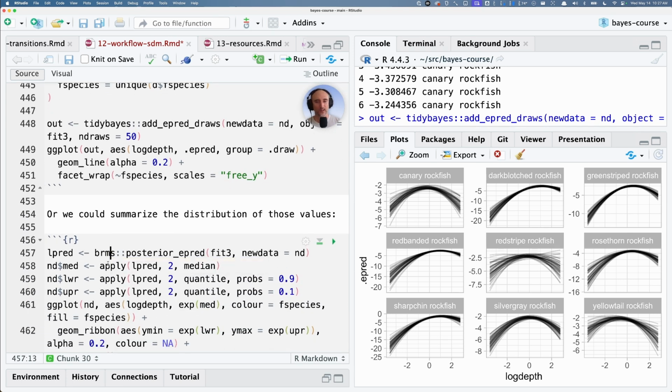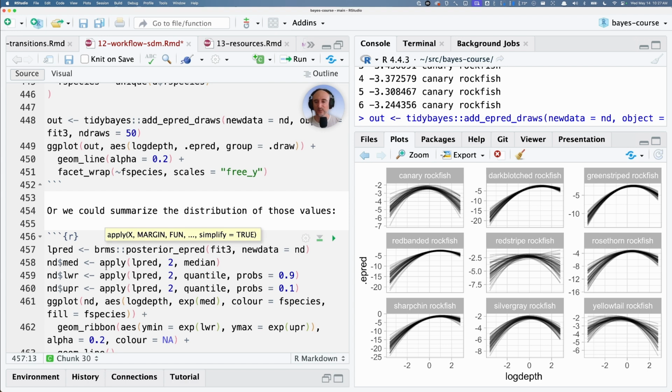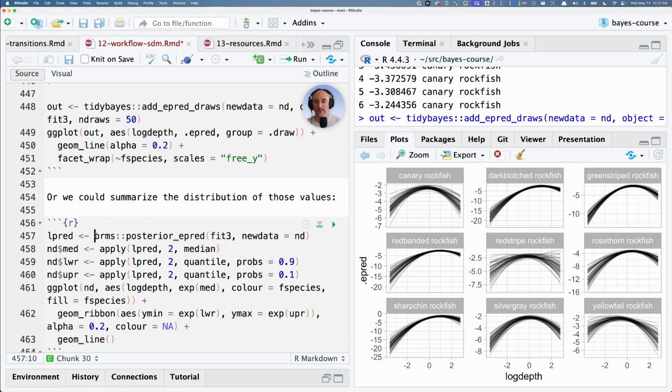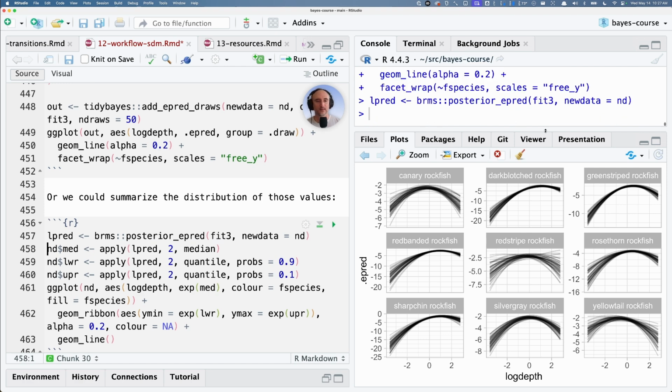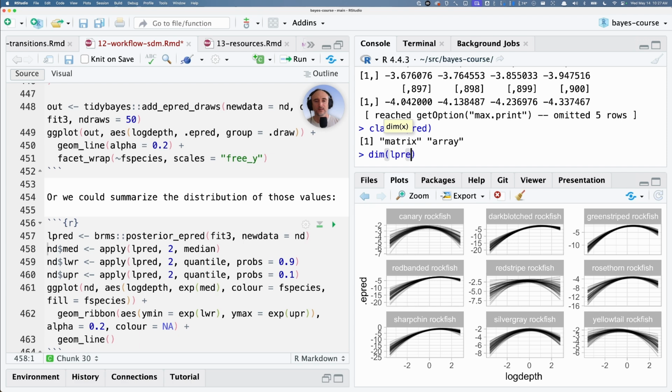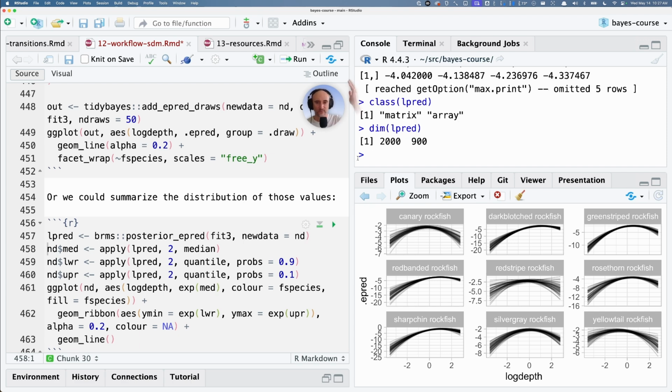So instead, we might want to summarize credible intervals, and we can do that by creating, let's look at what LPRED is. LPRED is a matrix, because it's from the brms output, with the number of samples down the columns and then the number of predictions along the other axis.